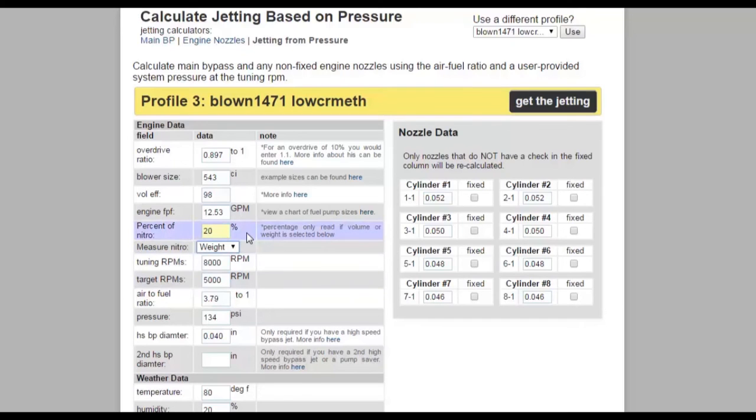the mixture. And we're going to come down here, and we want to make this engine richer, so we're going to go to a 2.8 air-to-fuel ratio. We're going to keep our fuel pressure the same and everything else in the setup the same.